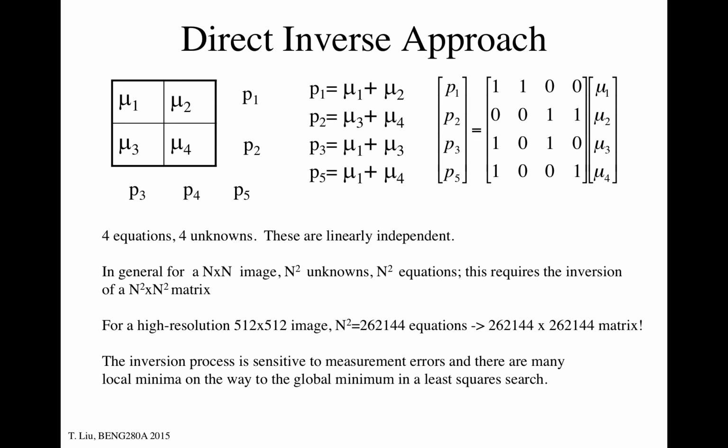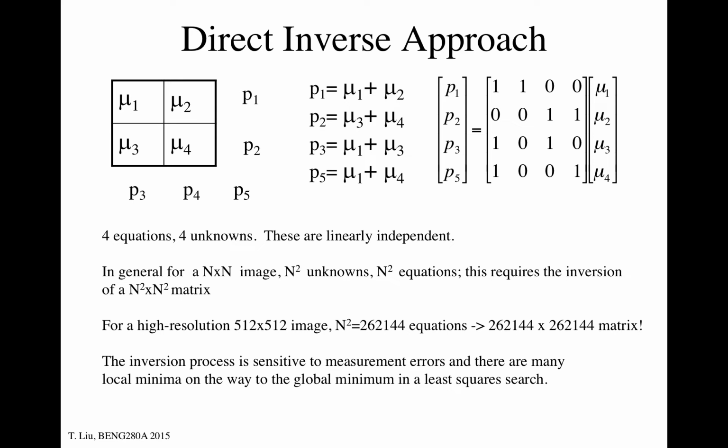Another way of doing that would be to get P5, which is a diagonal measurement here, and now these equations are linearly independent, and you have a full rank matrix that you can invert. That gives you the idea of where resolution comes from, and that you need more independent projections in order to fill out this matrix, right?